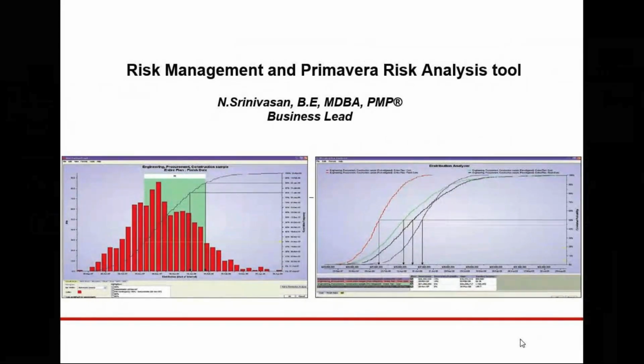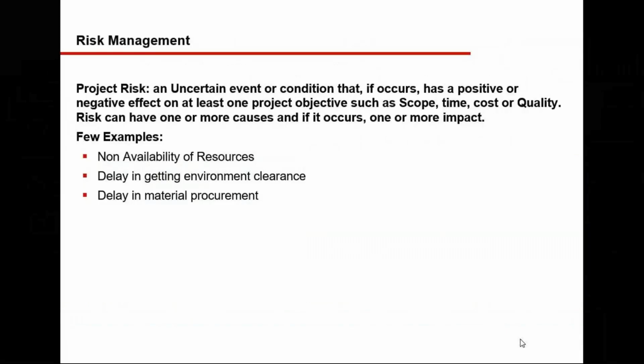Now, what is a risk? Risk is an uncertain event or condition that, if it occurs, has a positive or negative effect on at least one of the project objectives or more, such as scope, time, cost, or quality.